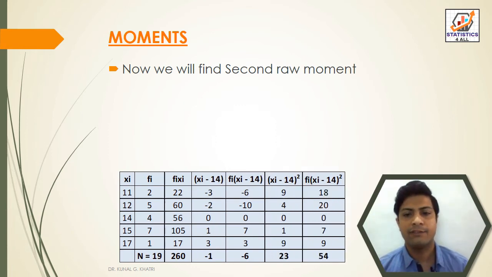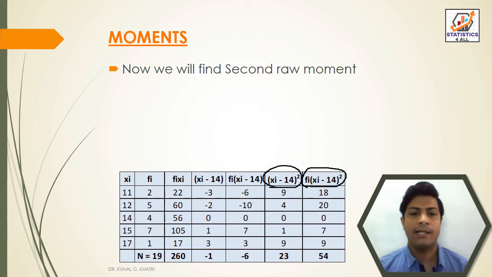After finding this value, we'll find Fi into Xi minus 14 whole square. That is, Xi minus 14 whole square will be multiplied by frequency.